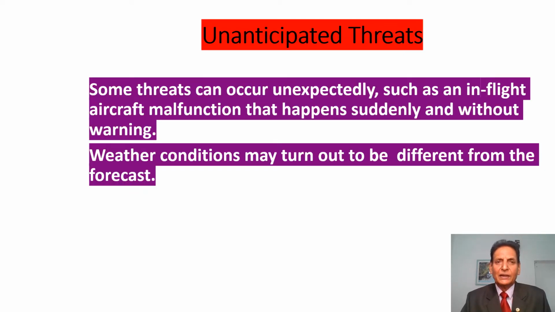Unanticipated threats. Some threats can occur unexpectedly, such as an in-flight aircraft malfunction that happens suddenly and without warning. Weather conditions may turn out to be different from the forecast.